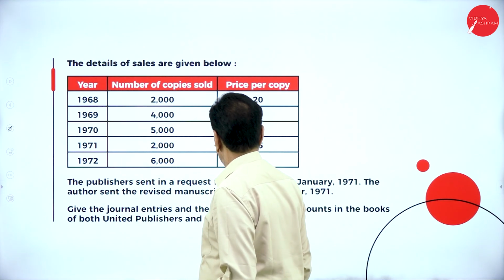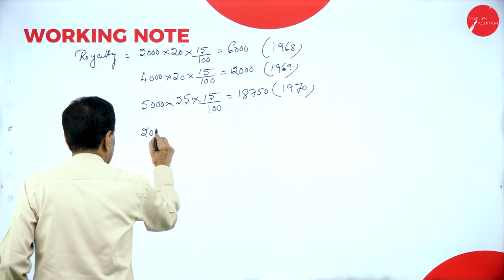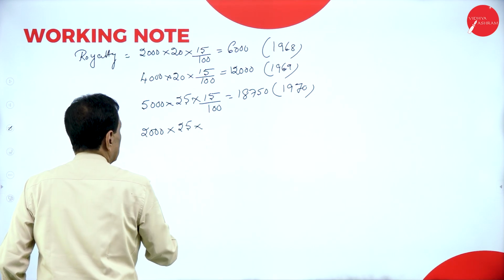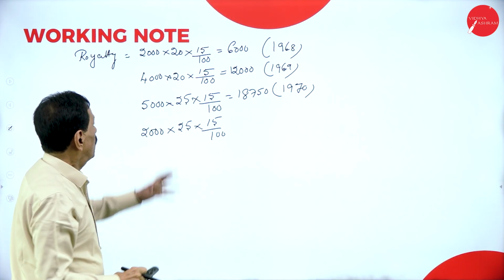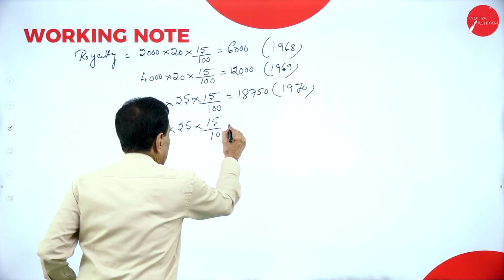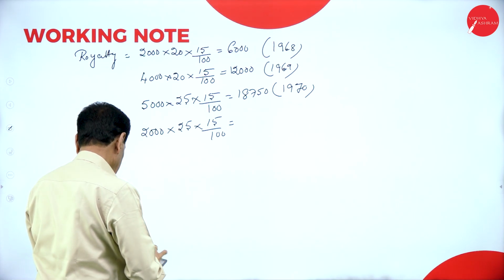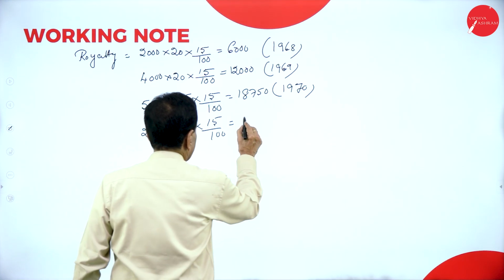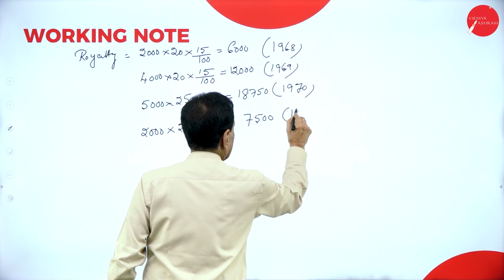Then 2,000 into 25 into 15 divided by 100. So 2,000 into 25 into 15 by 100 is equal to 7,500. 1971.